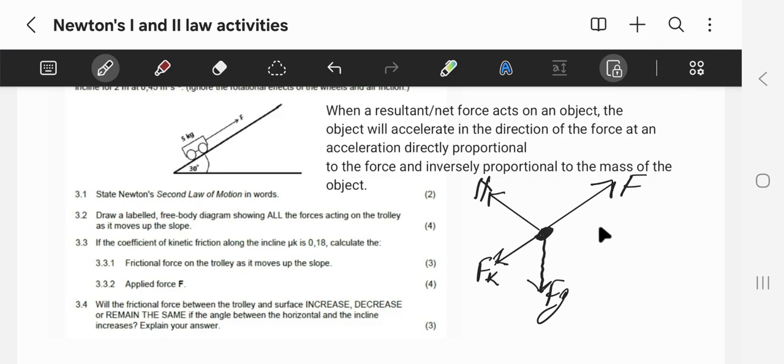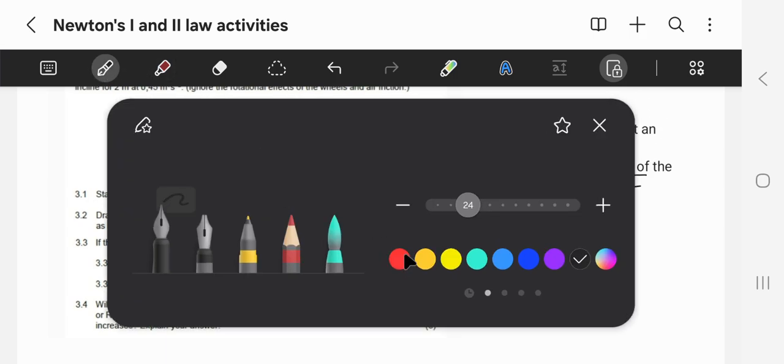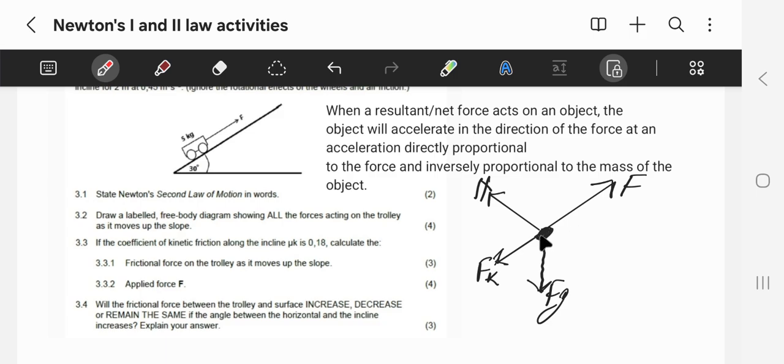Okay, for this one, guys, we will have to understand that if we have objects that are on an incline, then the normal force is not actually equal to Fg, but it's going to be equal to the perpendicular gravitational force. So our perpendicular gravitational force will be like this.